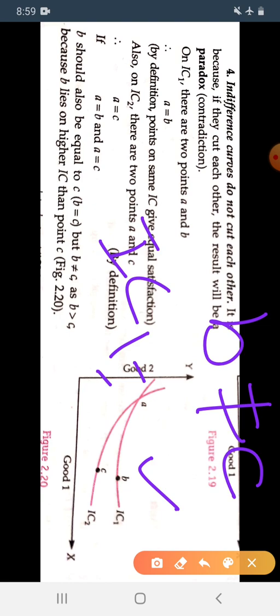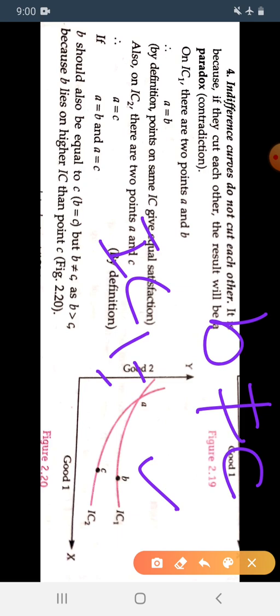Whenever they intersect, it means the higher IC will always give more satisfaction as compared to the leftward IC, and we always prefer the IC curve which is highest and rightward from the point of origin.